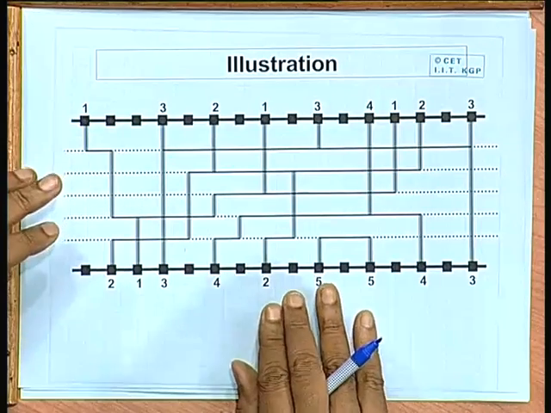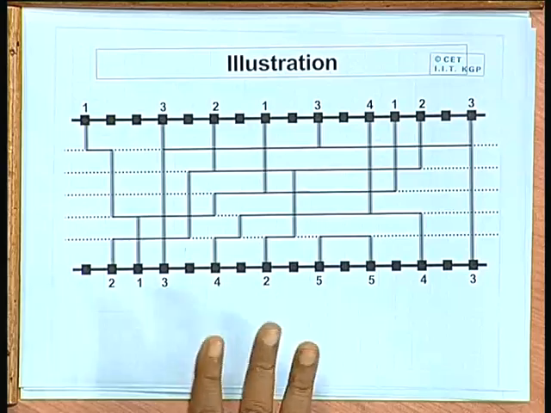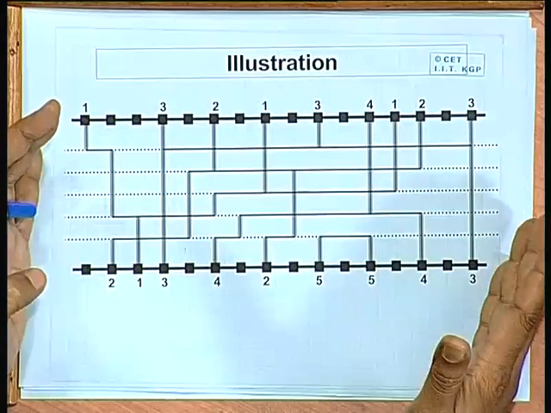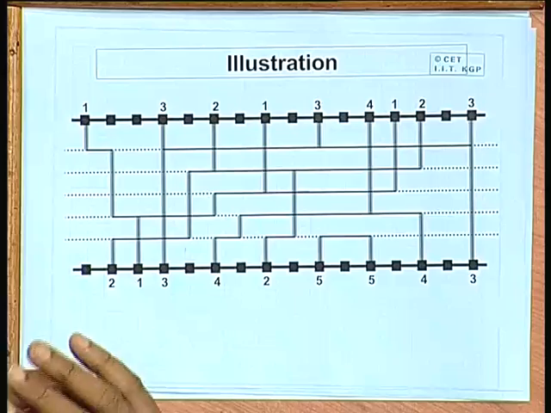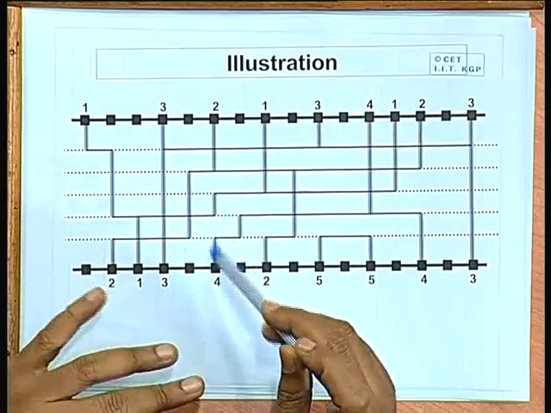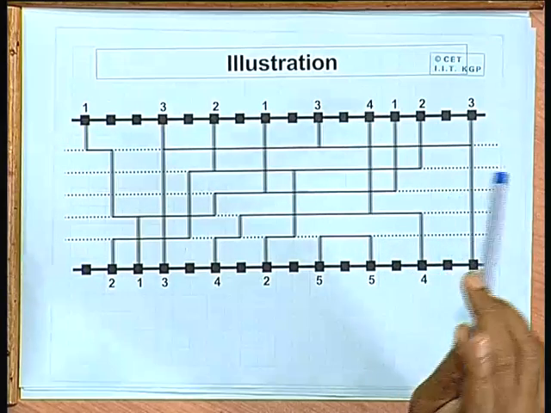But this greedy algorithm is a fairly powerful algorithm. You can use it to route even very difficult routing problems, which otherwise the other routers or algorithms are unable to complete in an efficient way, but the greedy router works pretty well.